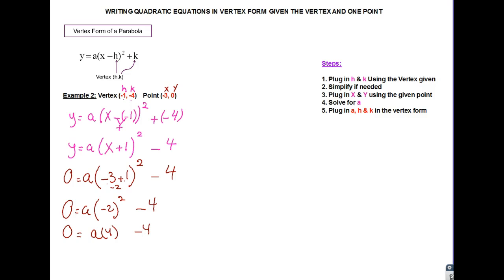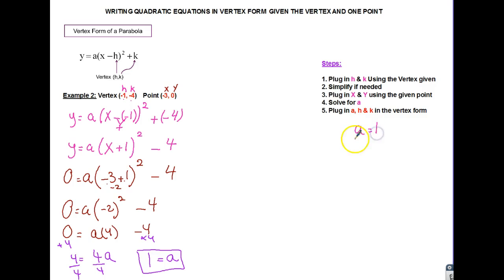Use inverse operations. Add 4, add 4. So 4 equals 4a. Divide by 4, divide by 4. a equals 1. This is just solving a simple linear equation.